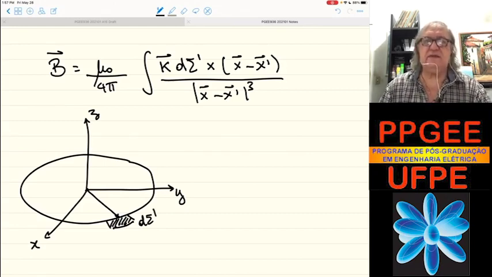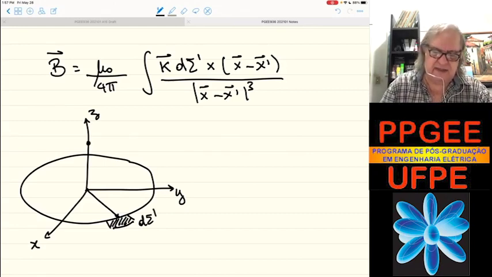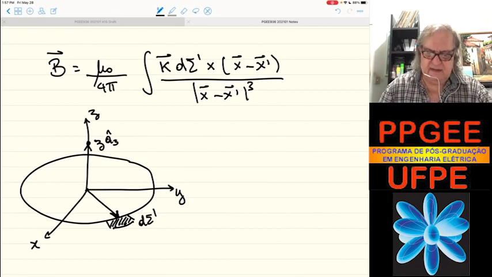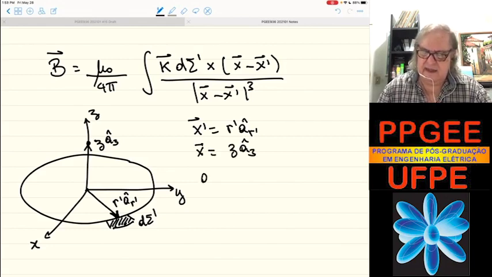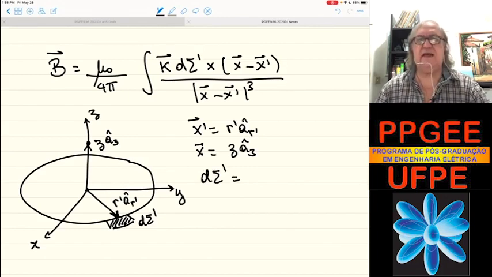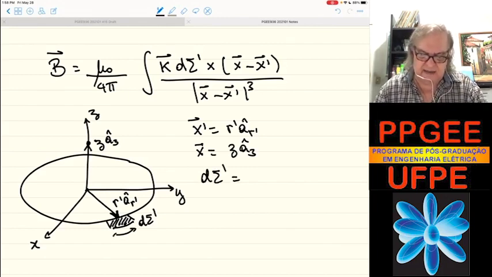So I'm going to use cylindrical coordinates to determine the field at this point, z a_z. Here we have r prime a_r prime. So x prime equals r prime a_r prime, and x equals z a_z. The surface element in cylindrical coordinates is r prime dphi prime dr prime.